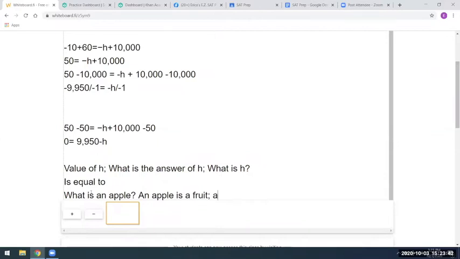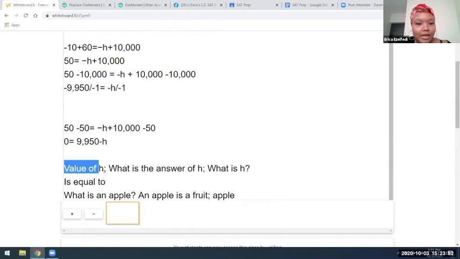I could say, let's say, apple equals fruit. Because equal is just a math way of saying is.